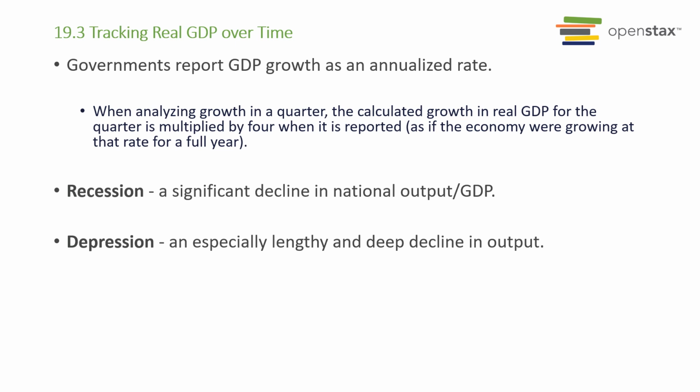Another way to measure, a rule of thumb, is that a recession tends to be 2 consecutive quarters. So for 6 months, our real GDP goes down and down, that's called a recession. And depression is defined as 4 consecutive quarters of lower GDP. So depression is a more severe economic downturn.